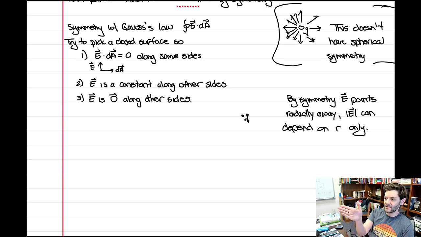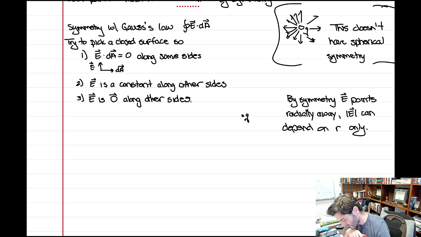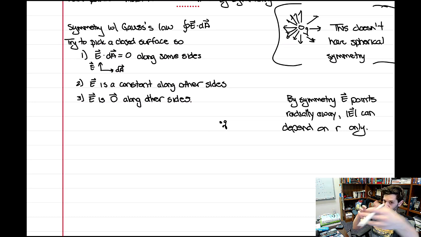It can't depend on the direction, because we said it has to look the same no matter which direction you're looking on the sides of the charge. So I know that the electric field can only depend on how far away you are from the point charge radially, this distance little r.